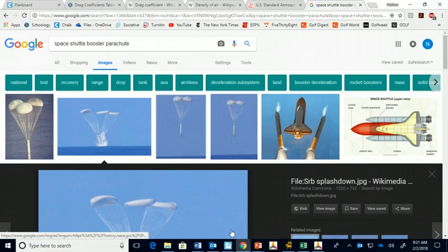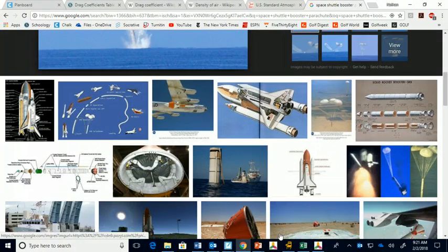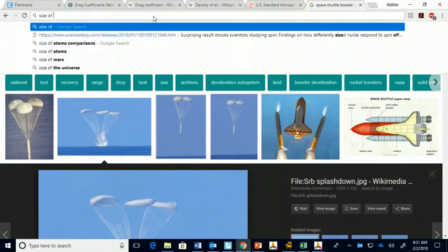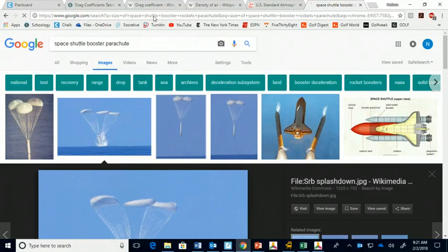I honestly have no idea how big the parachute is. We can look it up. I'm sure it's out there. Quick search: size of space shuttle booster rocket parachute.